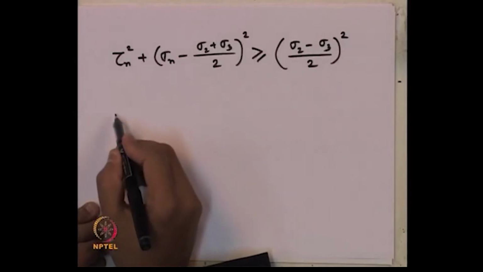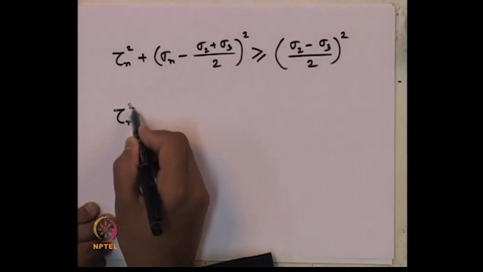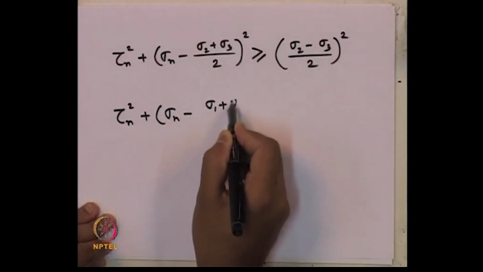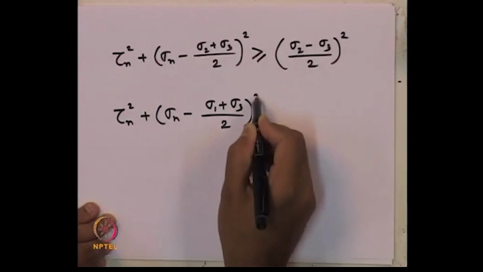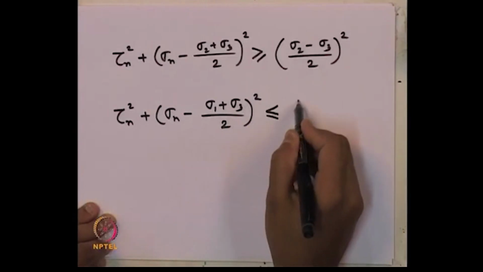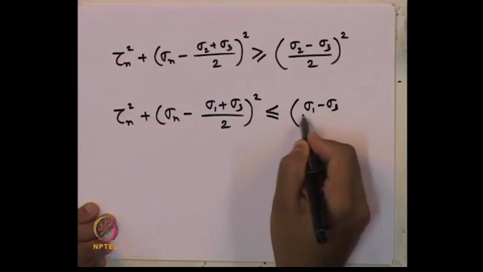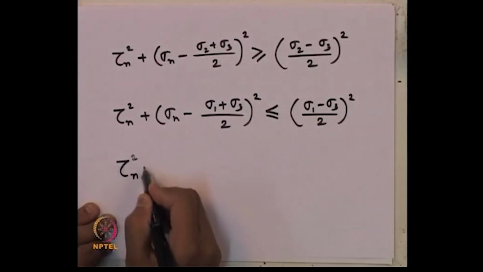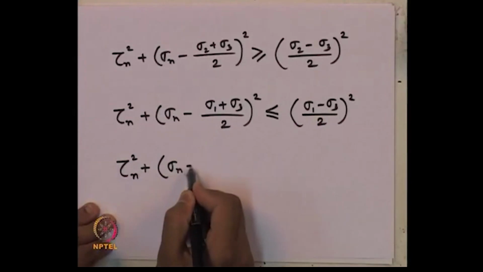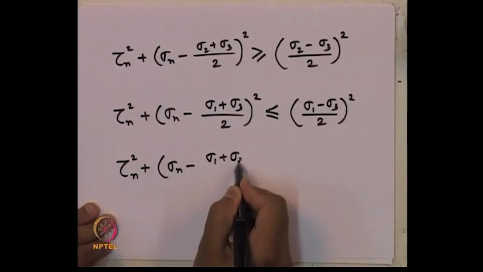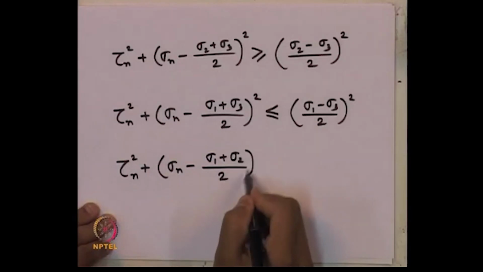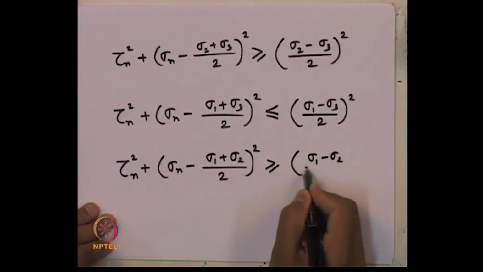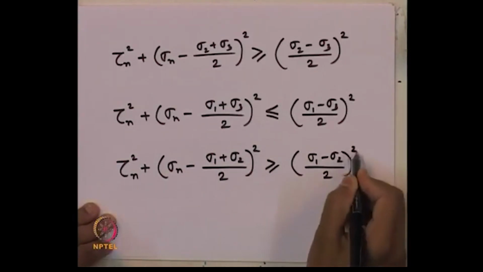The second relationship gives us tau n square plus (sigma n minus (sigma 1 plus sigma 3) by 2) whole square should be less than or equal to ((sigma 1 minus sigma 3) by 2) whole square. And the third relationship will give us tau n square plus (sigma n minus (sigma 1 plus sigma 2) by 2) whole square should be greater than or equal to ((sigma 1 minus sigma 2) by 2) whole square.